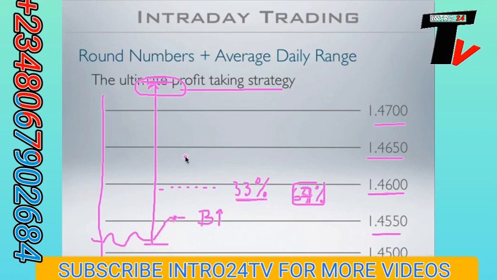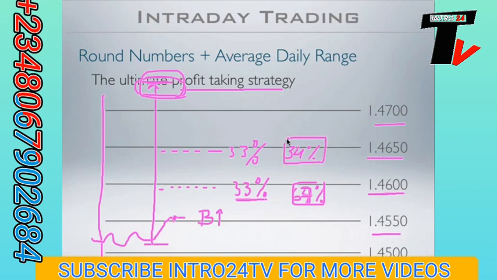What I usually like to do is, at every 50 pips, every round number, unload an extra 33% of the trade, all the way until my ADR projection. 33% of the trade would go there, and at this time I have 34% of the trade remaining.